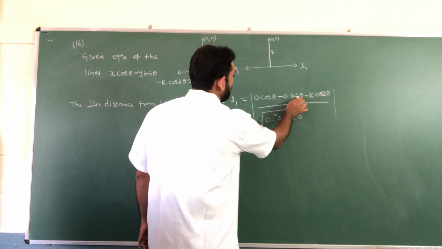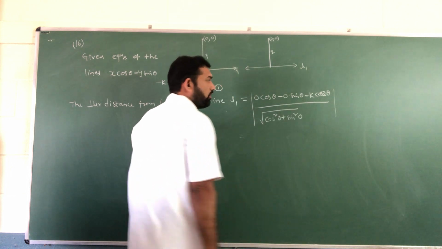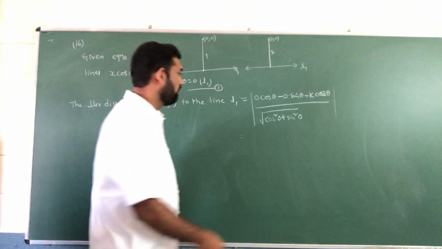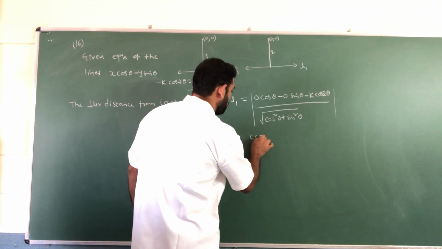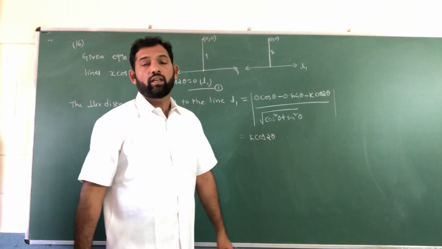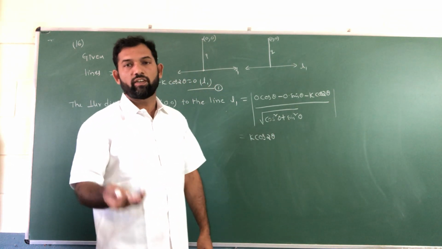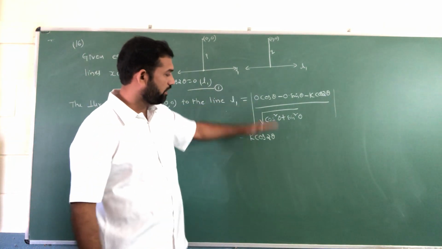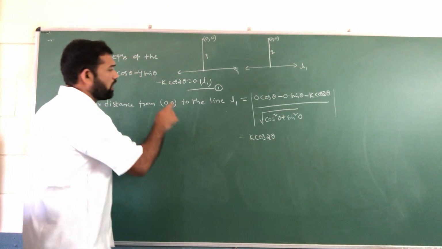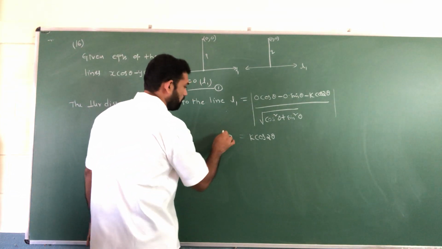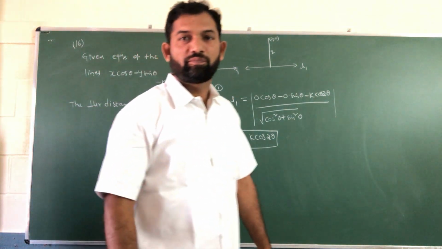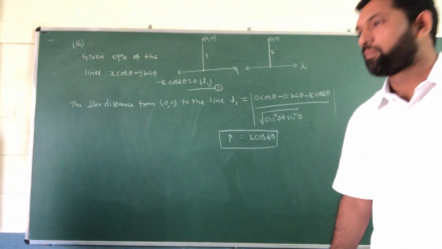This is 0, this is also 0, modulus of minus k cos 2 theta. Inside the modulus, a negative value also becomes positive. So that is k cos 2 theta divided by root over cos square theta plus sin square theta, which you already know is 1. So the whole divided by 1 means the answer is k cos 2 theta. So the perpendicular distance from the origin to line L1, the value of P, is k cos 2 theta. Understand? Next.